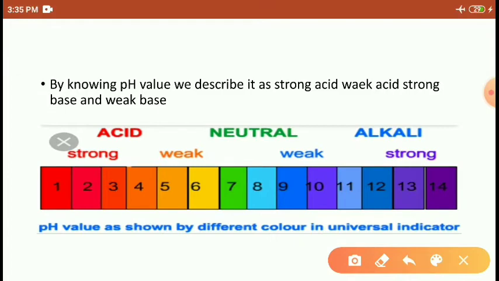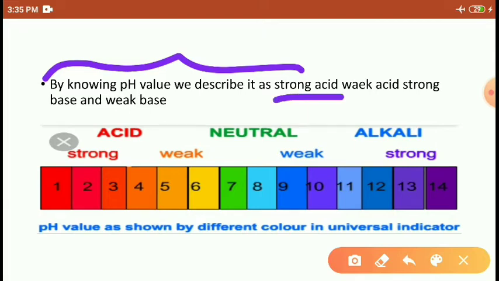By knowing the pH from the color, we have to decide whether it is a strong acid, weak acid, strong base or weak base. If the pH is from 1 to 3, that is a strong acid. From 3.1 to 6.9, weak acid. 7 is neutral.